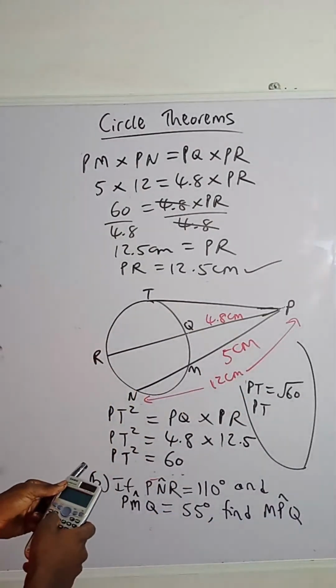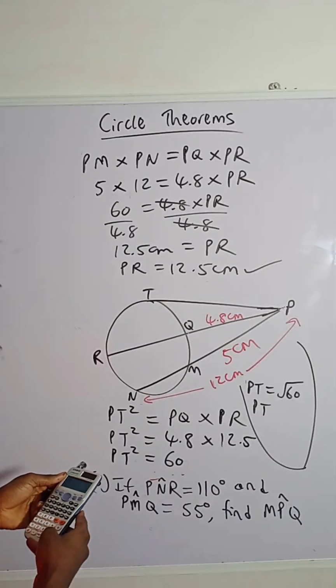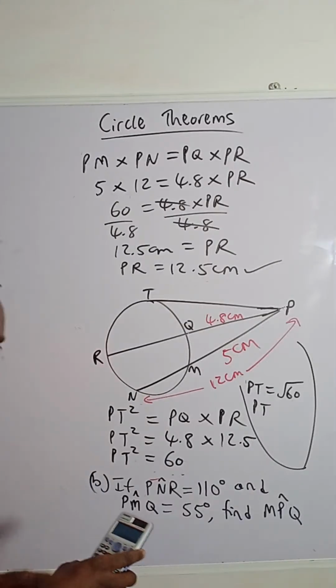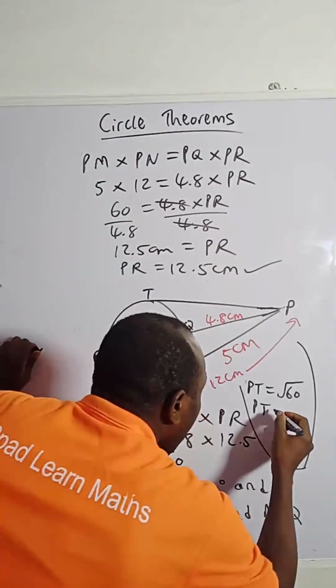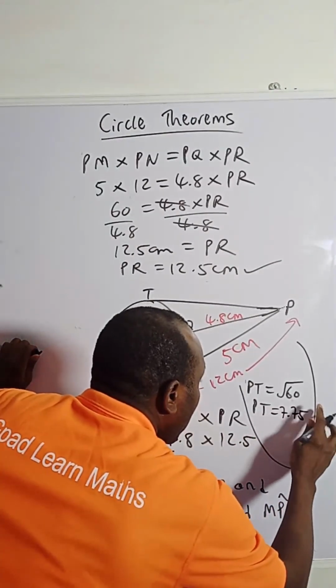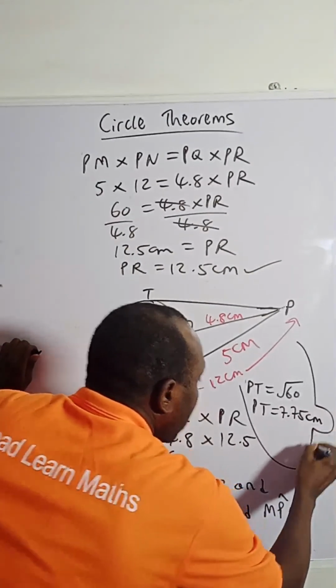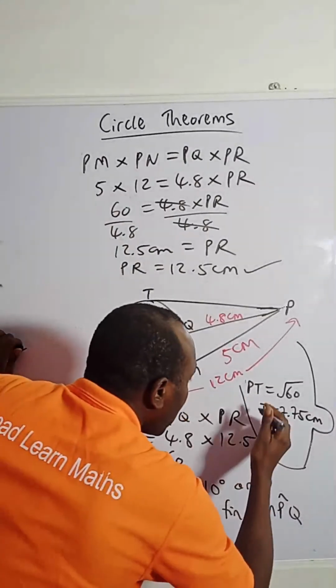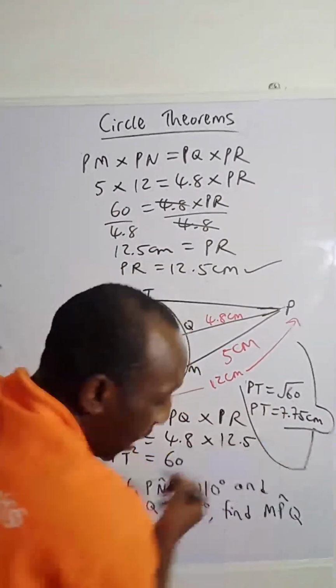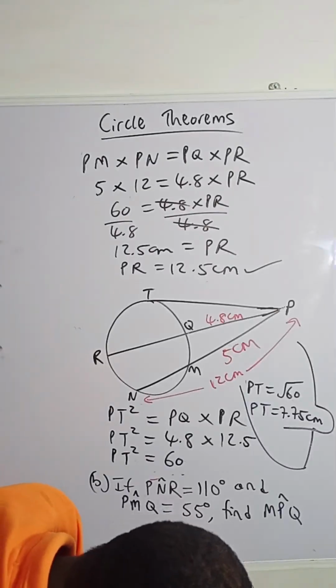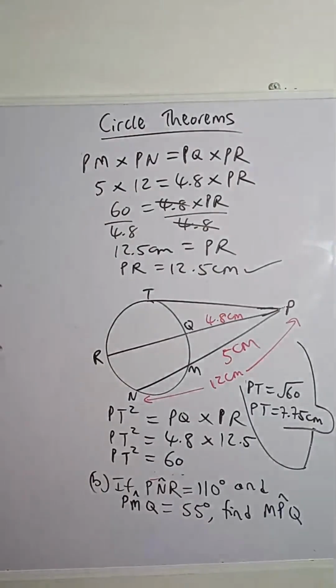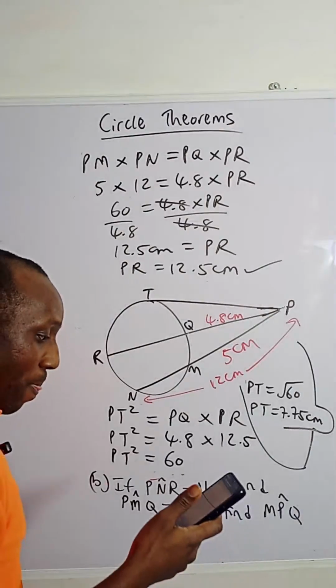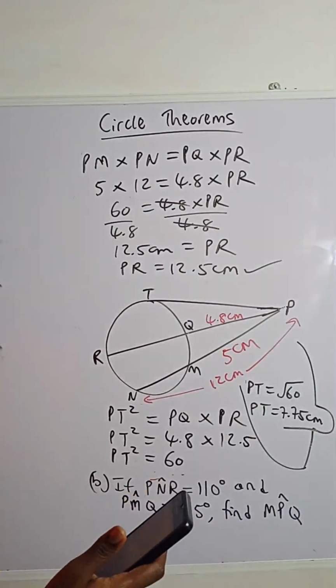The square root of 60 is 7.75, yes. 7.75 centimeters, that's it. That's the tangent PT. How many of you got it? Okay, good for your engagement. Thank you. I hope you understand what I've done so far.